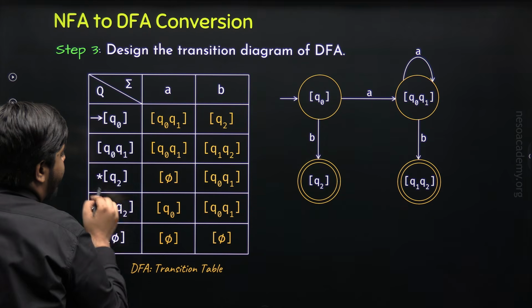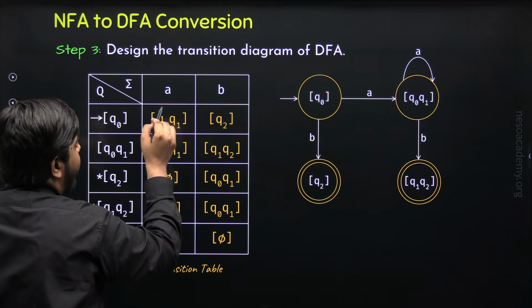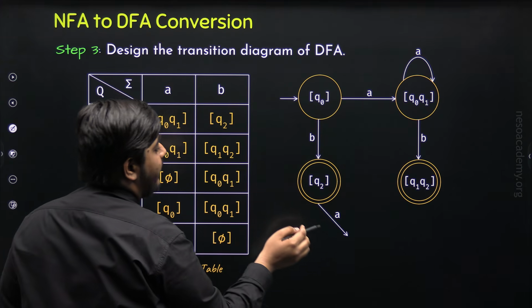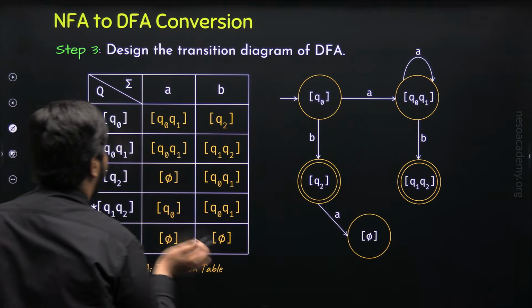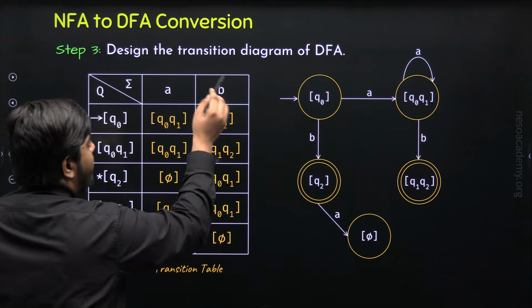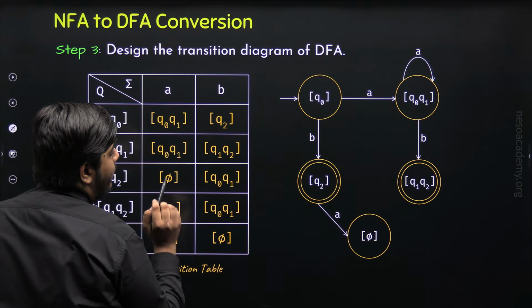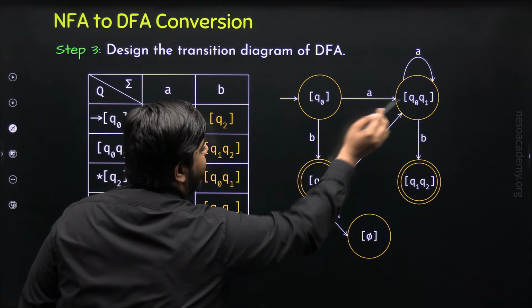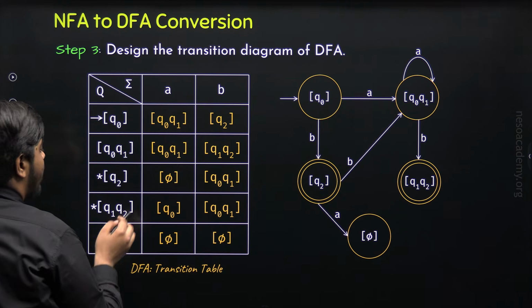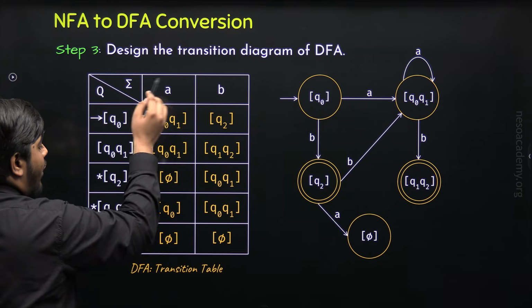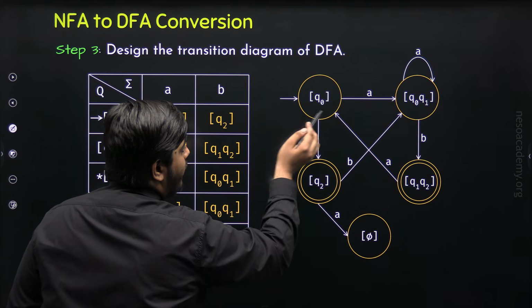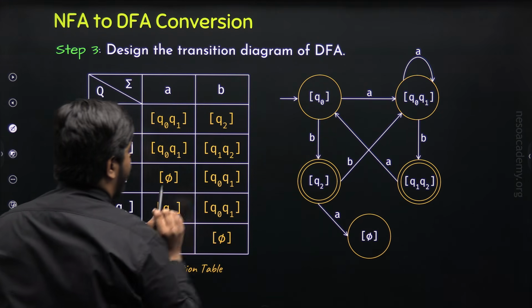Now, for the state Q2, on getting input symbol A, we are getting the next state as the dead state. For the state Q2 on input symbol B, we are getting the state Q0, Q1. For the state Q1, Q2 on input symbol A, we are getting the state Q0.